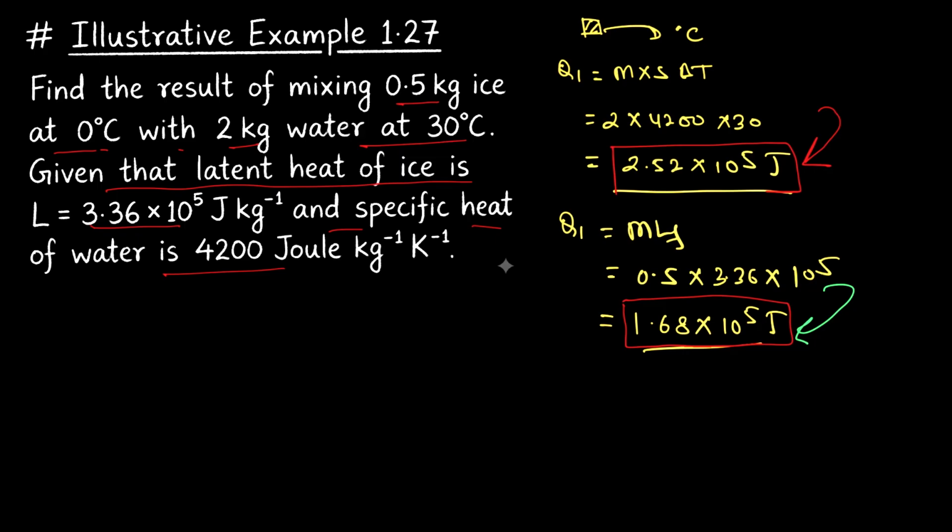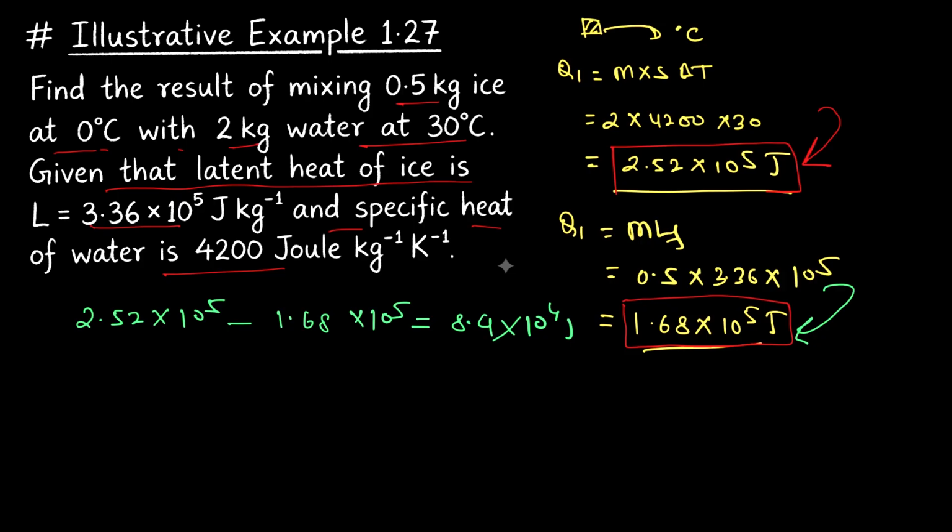Now how much energy will be left if complete ice melts? Energy left is 2.52 into 10 raised to 5 minus 1.68 into 10 raised to 5 joule. If we calculate this, 8.4 into 10 raised to 4 joule energy will be left.